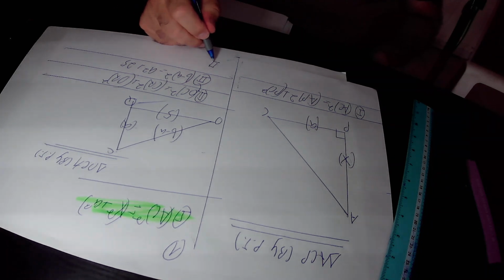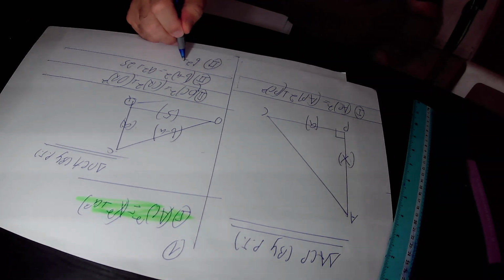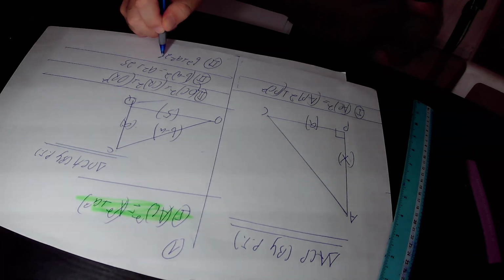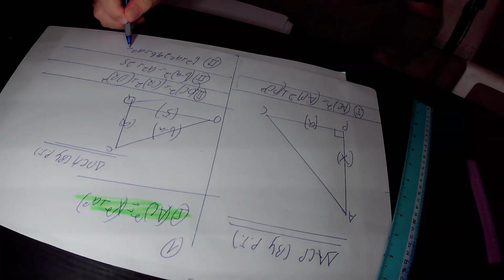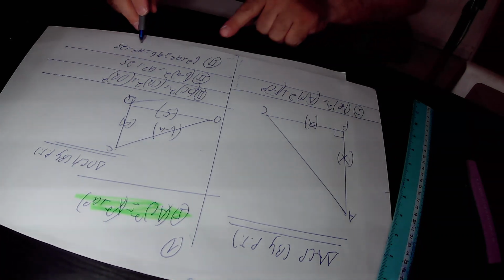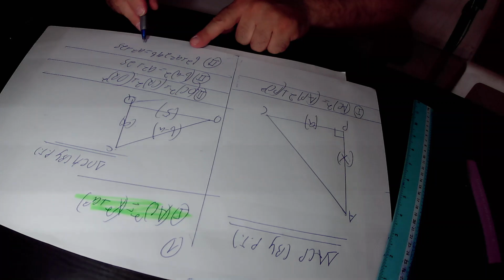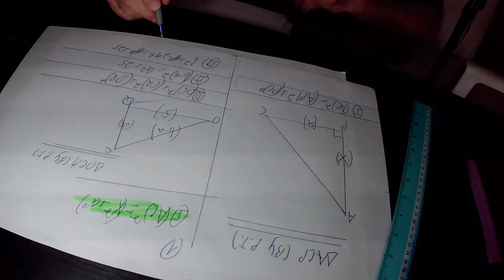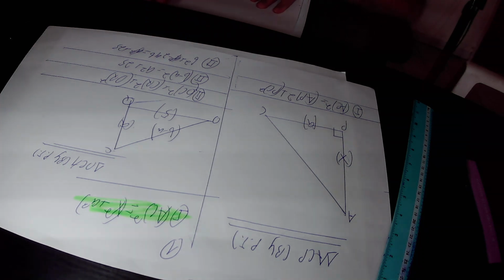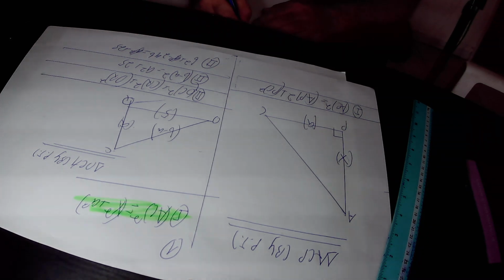B minus A square is B square plus A square minus 2 times A times B. And it is equal to A square plus 25. So here we have A square on both sides of this equation 2. So A square will get cancelled. After we cancelled A square, on this side of equation 2, we are left only with B square minus 2AB.